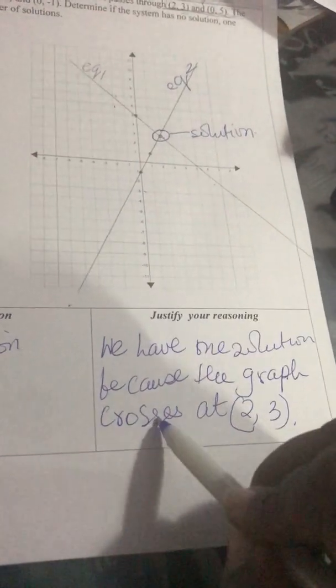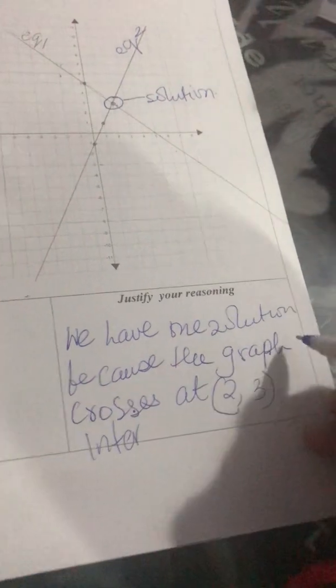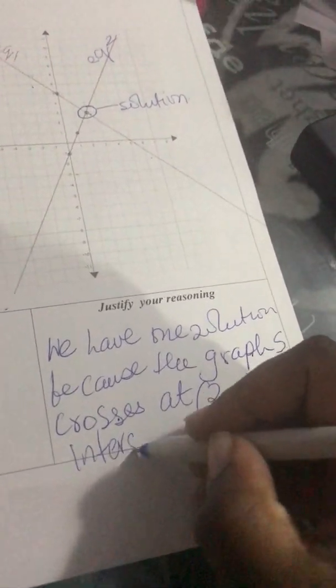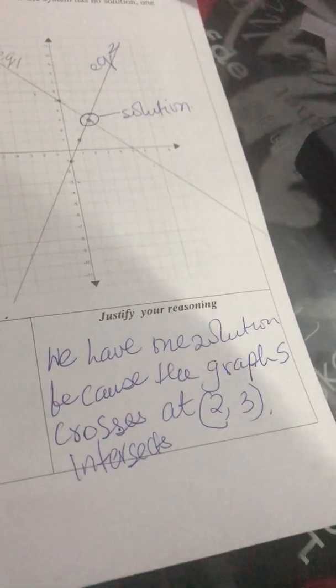There. You have said the graph crosses or the graph intersects. The graphs intersect at 2, 3. Okay? All right. So complete your examples and then we'll talk about them on Sunday.